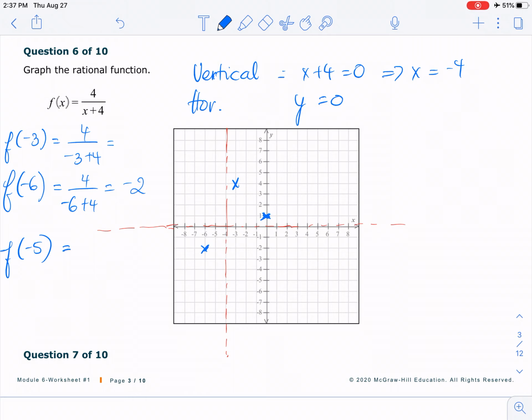So pretty much this is just making a table. Negative 5 for x is going to give you negative 4 for y. Okay, I think I'm ready to graph. So remember, approaching the asymptote, but not touching.